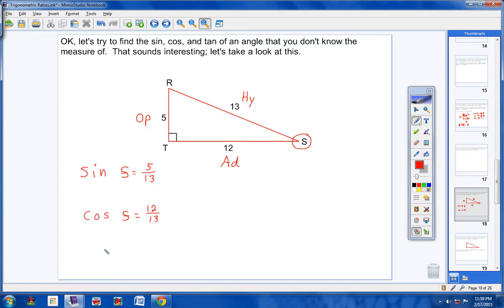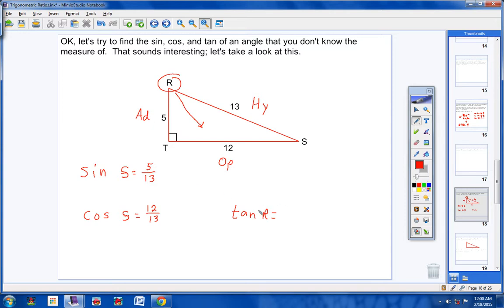Now, let's switch gears for a second. Let's find the tangent of R. The tangent of angle R. So now we're no longer dealing with S, are we? So we better erase all this stuff here. Alright? And now let's go ahead and circle R. So, draw a line straight across. This is going to be your opposite side. This will still be my hypotenuse, and the last side left over is your adjacent side.